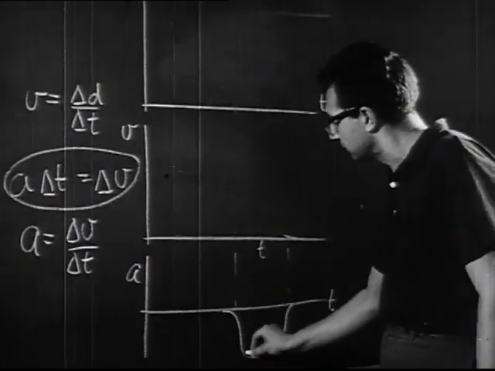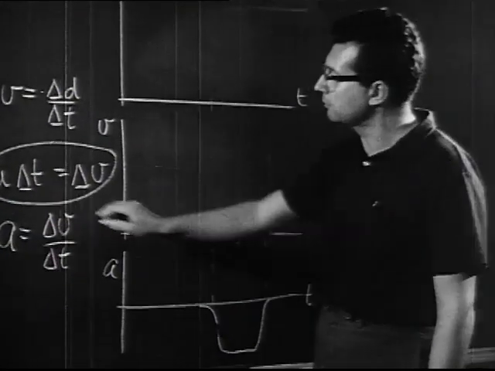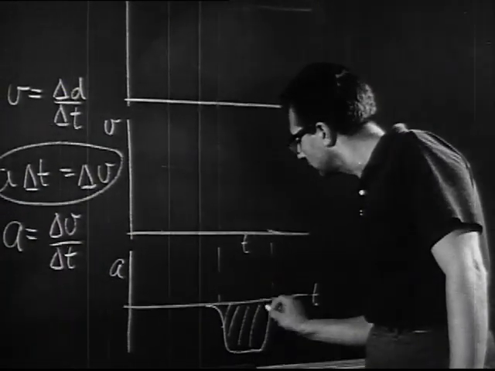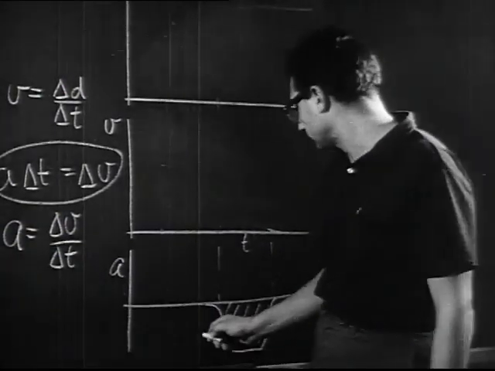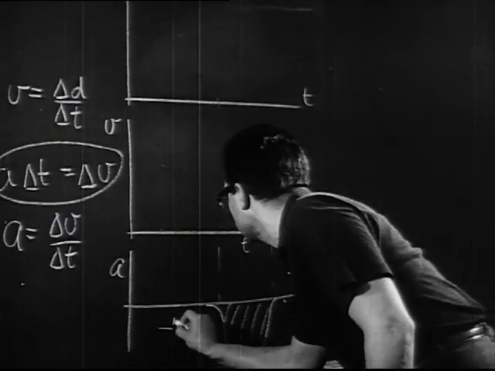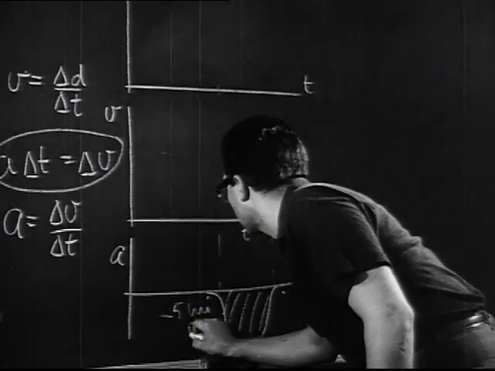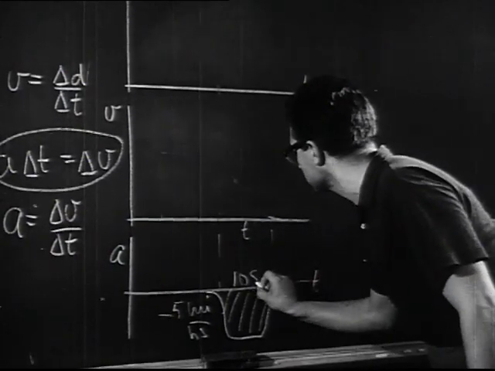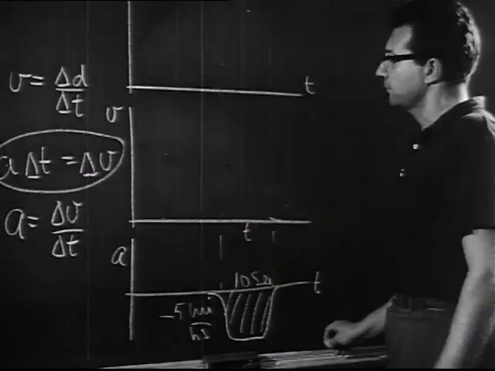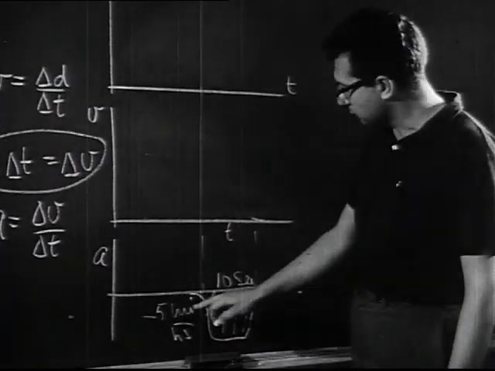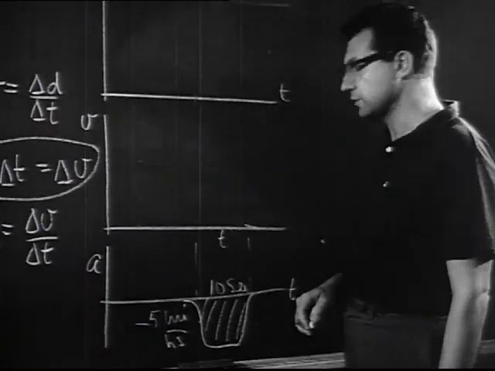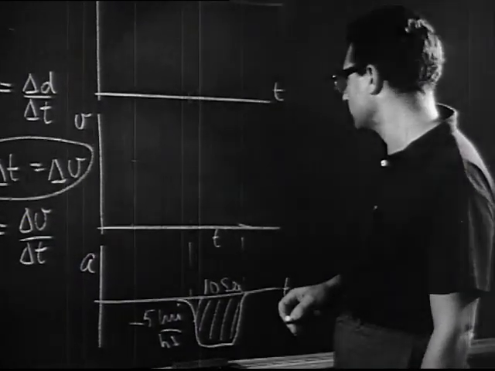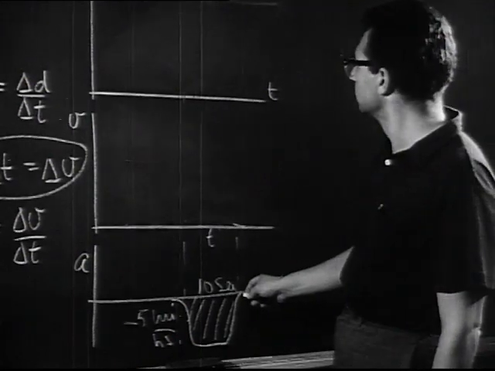Also suppose that this were simply a rectangle. Then this quantity is just the area of the rectangle. And suppose the acceleration were minus 5 miles per hour per second, and the delta t were 10 seconds. I then have an area of minus 5 times 10, which is minus 50 miles per hour. And that must be the decrease in the speed over that time interval.